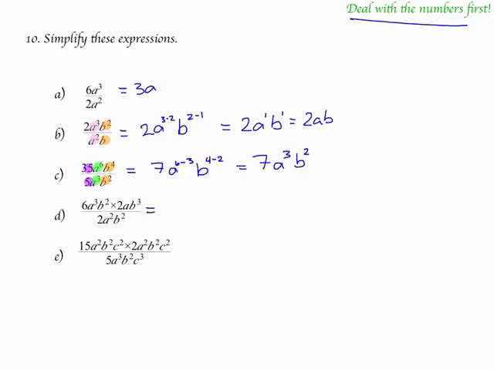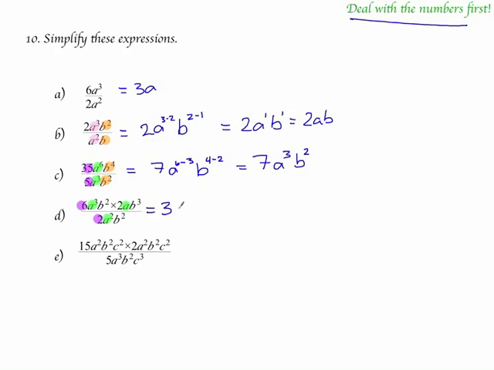The next question, if I look at my numbers first, 6 divided by 2 gives me 3. Now if I look at my a term, I've got a cubed, I've got a, and I'm dividing by a squared.